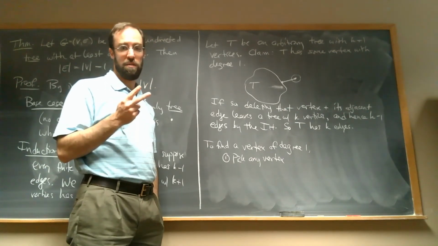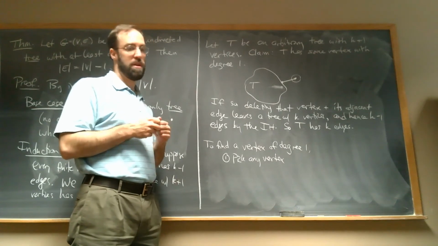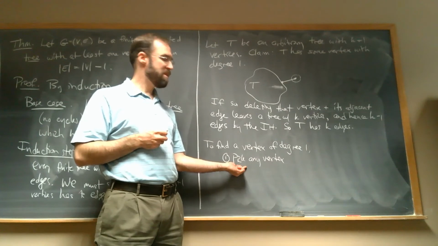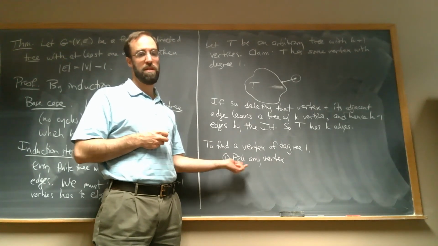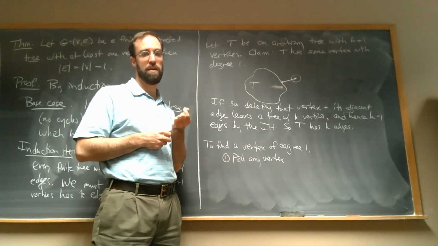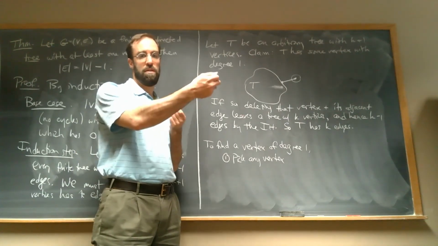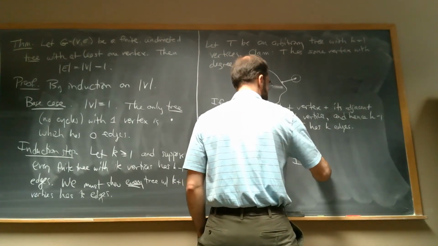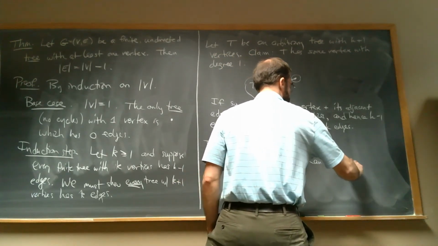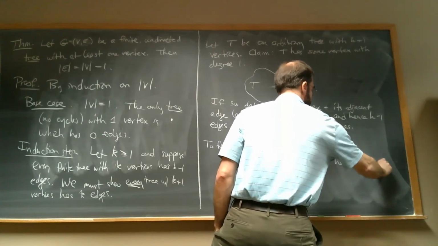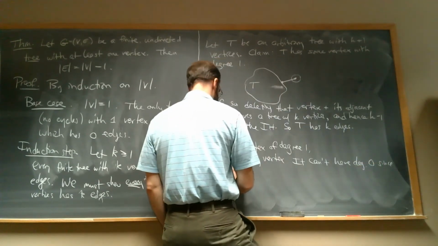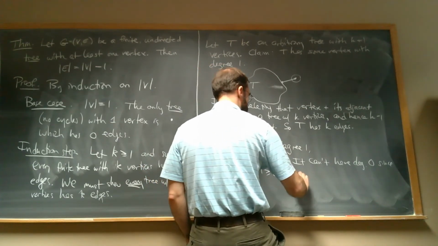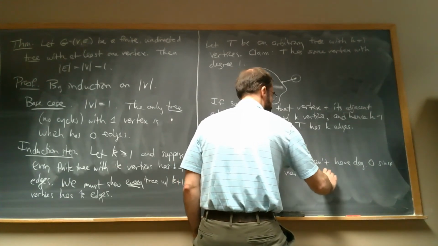And it's connected, because it's a tree. So if you have at least 2 vertices, and it's connected, then this vertex we picked couldn't possibly have degree 0. Because if it had degree 0, it would be all by itself, it wouldn't be connected to anything else, but there's at least 2 vertices, so the whole thing would be disconnected. So it can't have degree 0 since T has k plus 1, which is greater than or equal to 2 vertices, and is connected.